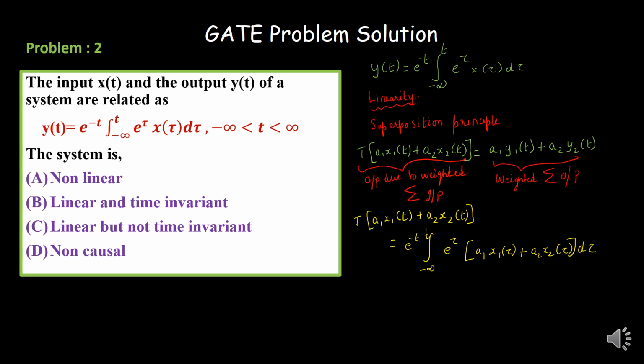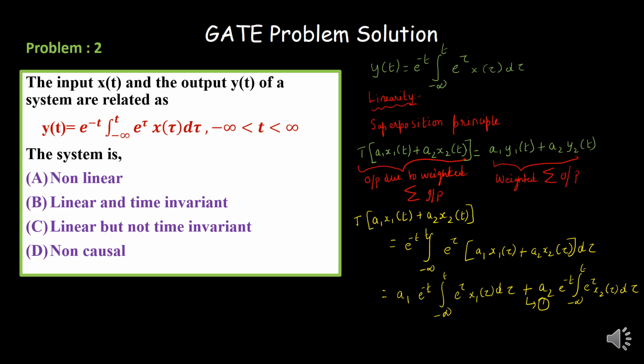Here a1 and a2 are constants, so we can take them outside, and by expanding this, a1 e power minus t integral minus infinity to t e power tau x1 of tau d tau plus again a2 e power minus t integral minus infinity to t e power tau x2 of tau d tau. So let me take this as first equation.